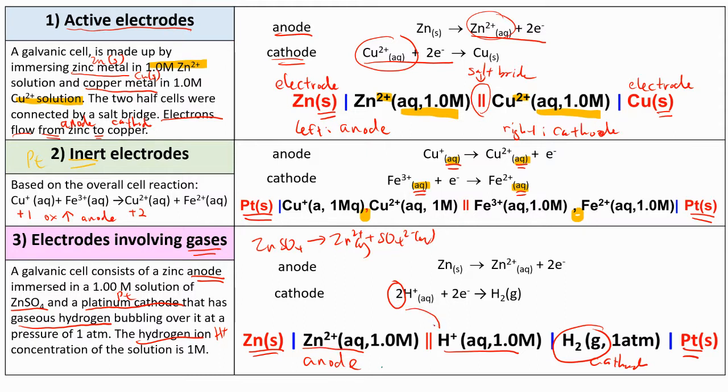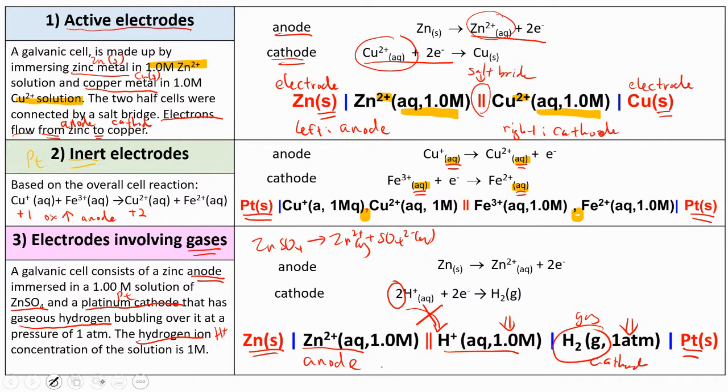But you do not include it in the cell notation. In cell notation, you only include the electrode, the solution ions, and the gases in their state only. And of course, remember the pressure is given. You do not add in the coefficient. That is the common mistake which many students make.